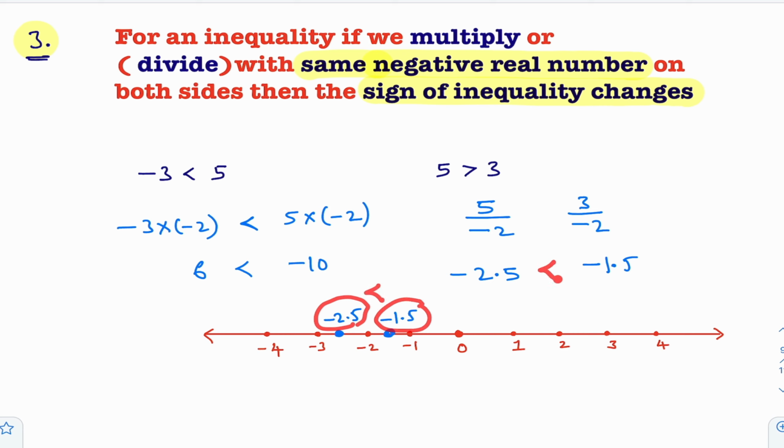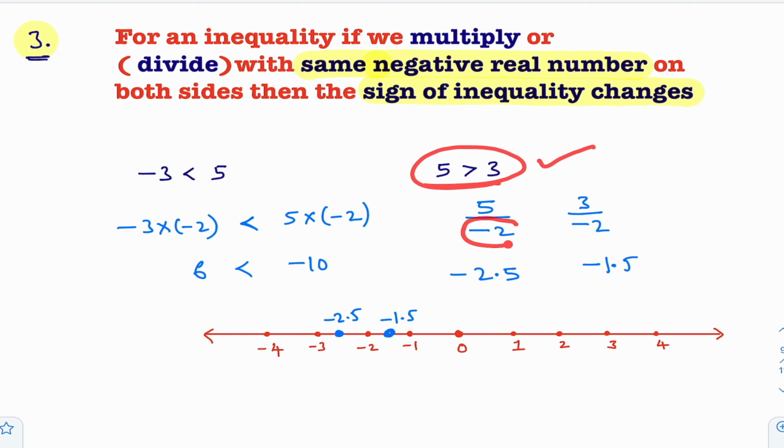So here this is clearly less than, but the actual inequality sign is greater than. As we divided with the same negative real number on both sides, the sign of inequality changes. This greater than changes to less than. So as 5 is greater than 3 is a true inequality, and as I am dividing with the same negative real number on both sides, this greater than changes to less than.